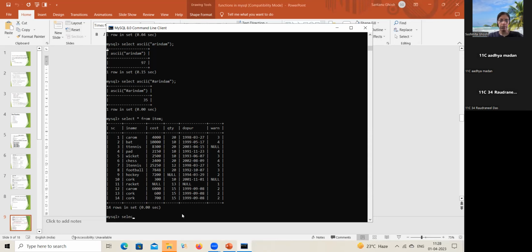Let us try this. Right? In Concat, first I want the iname followed by a space because it doesn't give the space automatically, right? So iname followed by cost is, again a space.